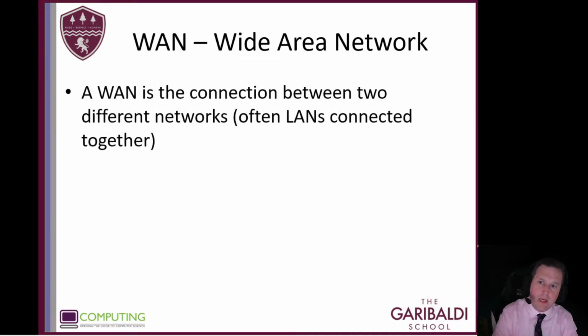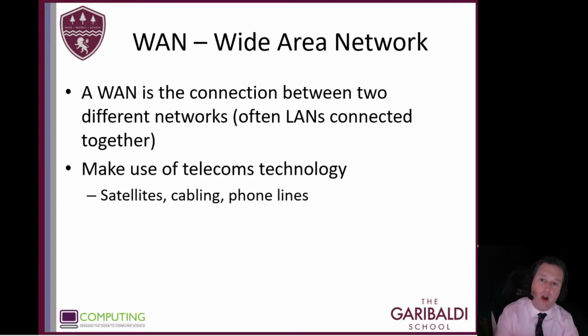And a WAN is a wide area connection, which is where you're connecting two or more different LANs together. So the most common example at home would be connecting to the internet, so to the outside world, and you've got your own little LAN, and you're going to connect to the WAN that is the internet. And you do that because you're going to use third-party telecoms.